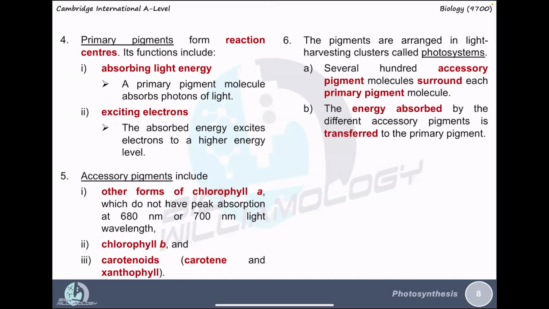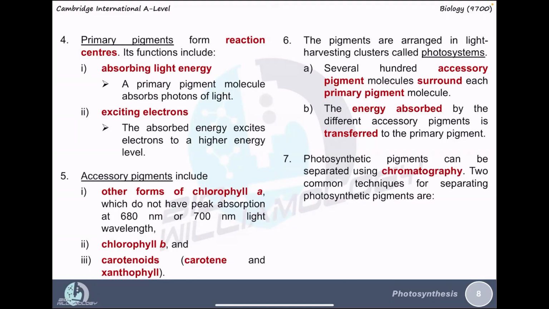The energy absorbed by different accessory pigments can be transferred to the primary pigment to excite the electron at the reaction center. Photosynthetic pigments can be separated using chromatography. The two common techniques are paper chromatography and thin layer chromatography, or TLC for short. We are going to learn the details about chromatography in the chromatography lesson.